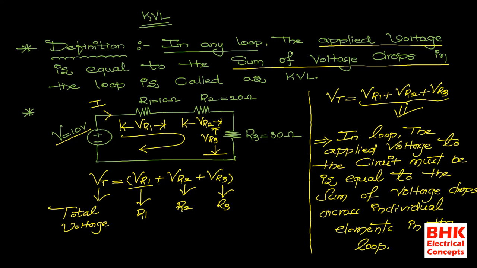We can define Kirchhoff's voltage law like this, or we can also define it like this. Both are the same only. In any loop, the applied voltage is equal to the sum of voltage drops in the loop is called Kirchhoff's voltage law. Another way: the applied voltage to the circuit must be equal to the sum of voltage drops across individual elements in the loop.